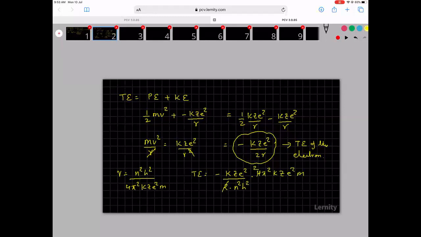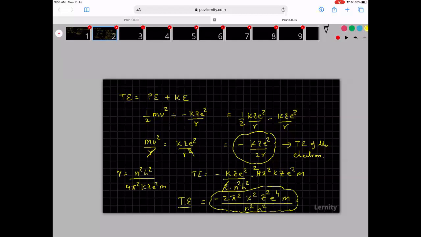So the total energy is equal to, you don't have to remember these formulas, don't worry, minus 2 pi square k square z square e power 4 m by n square h square. So this is the total energy.